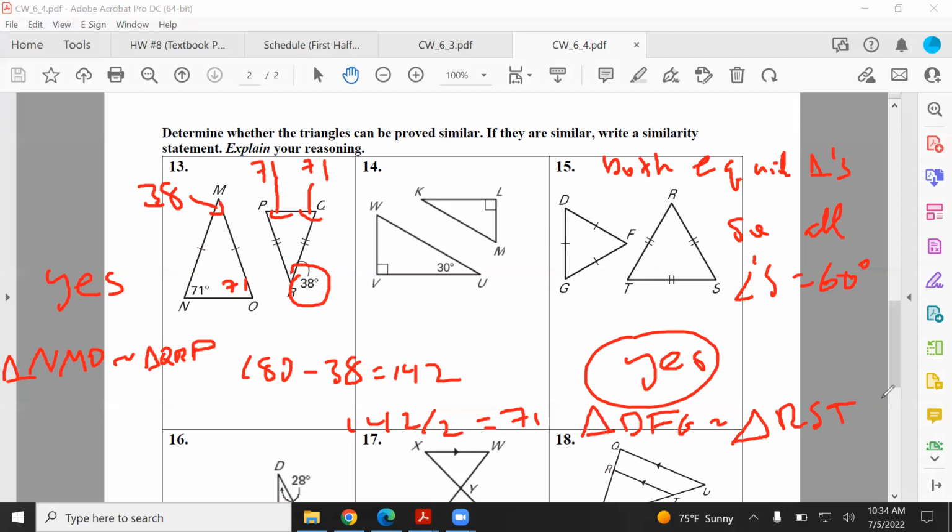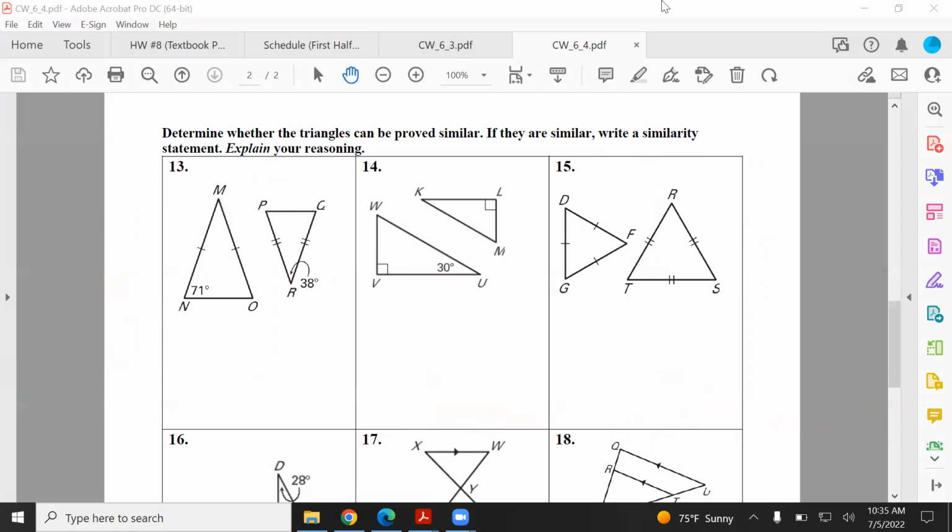Okay, so that's a yes situation as well. So yes for 13. You have to dissect the triangle a little bit and see, okay, what are the angles? How are the sides comparing? What am I dealing with? Do I have all corresponding angles equal to each other?